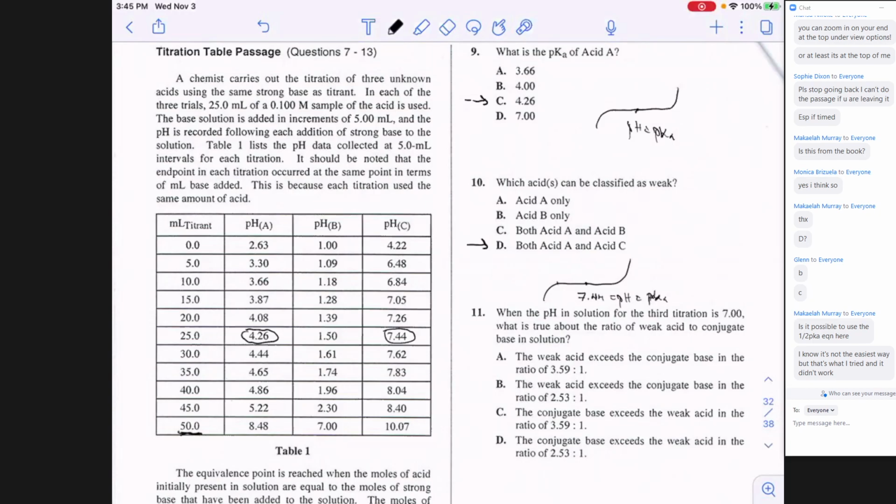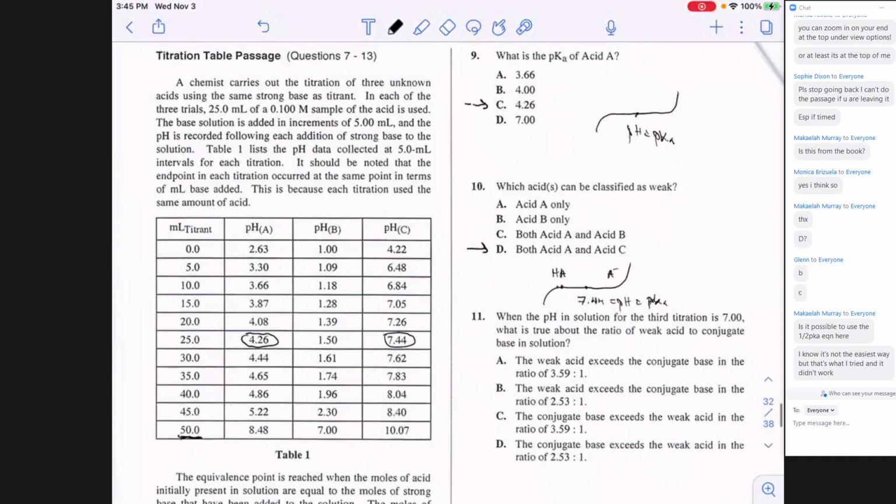At a pH of 7, you're somewhere like right here, really close to that 7.44. So this side has more conjugate acid, and that side has more conjugate base, right? So we're going to have more acid, and it's going to be closer to that 1-to-1 ratio than it is to that 4-to-1 ratio or 3.59-to-1 ratio.